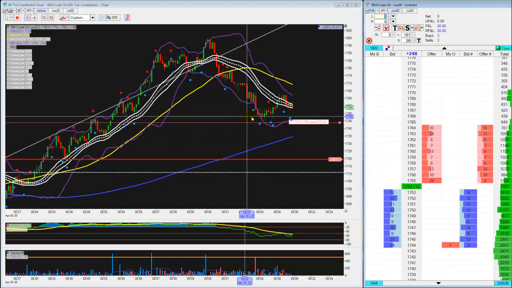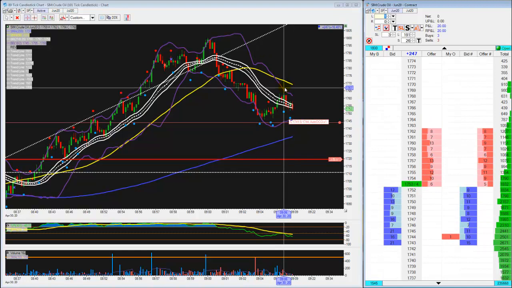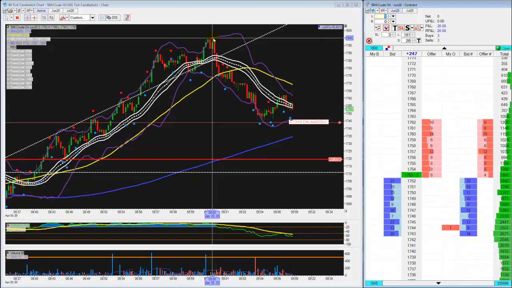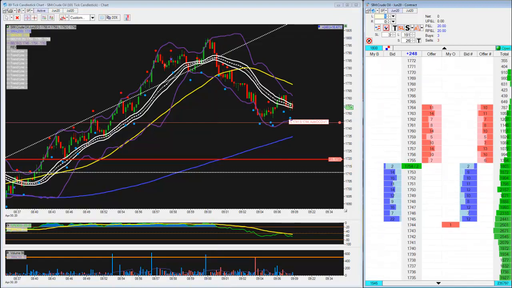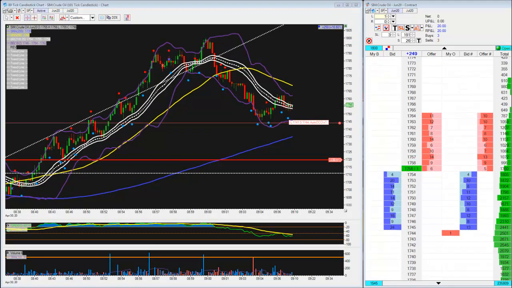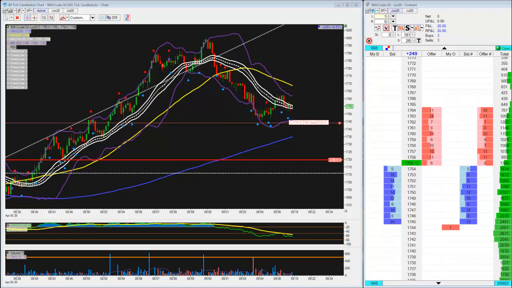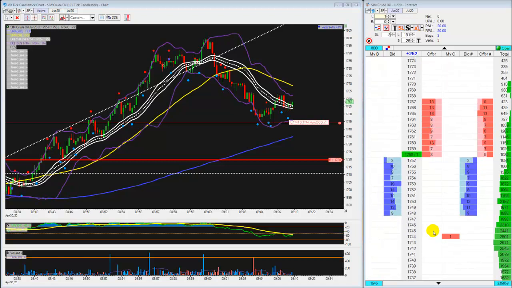Most uncomfortable trades sometimes are the best, though. So the market went from 1780 up to 1800 and then sold off. So it went up 20 ticks higher. Honestly, this looks like a day that wants to go up, though. I've been burned way too many times.